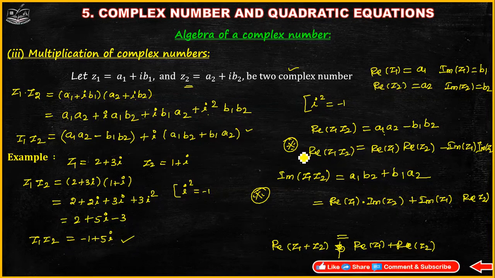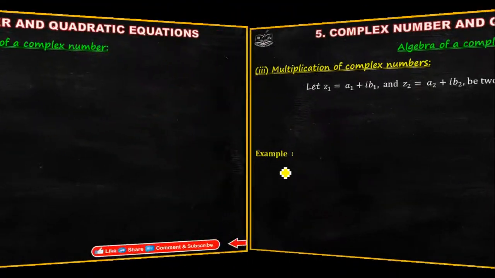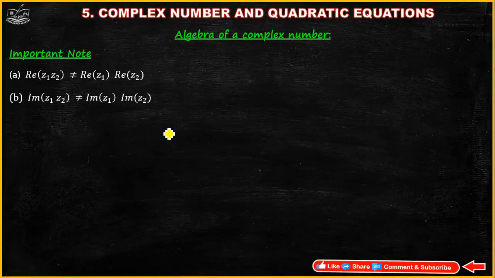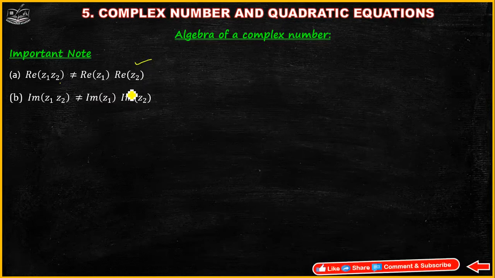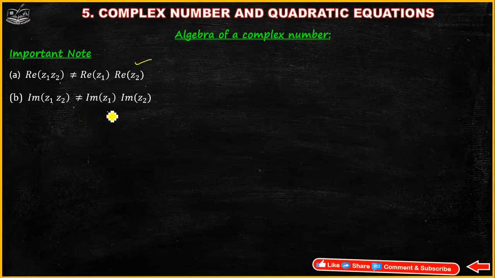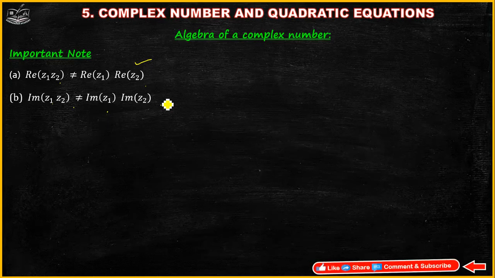That's an important result. Understood? So the real part of z1 z2 is not equal to real part of z1 into real part of z2. Similar case, the imaginary part of z1 z2 is not equal to imaginary part of z1 into imaginary part of z2. These are the conclusions. Did you understand, children?